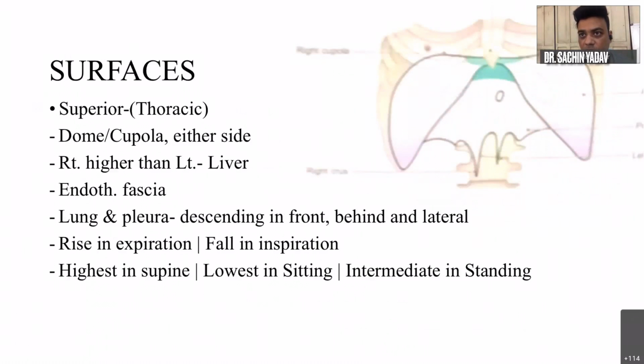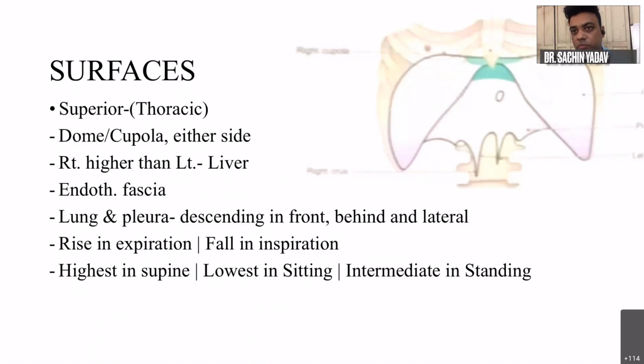The superior surface is covered by the endothoracic fascia, and above that it is related to the pleural cavity, the parietal pleura obviously, and the lung covered by the visceral pleura, descending in front and behind and on the lateral side, giving the costodiaphragmatic recess.